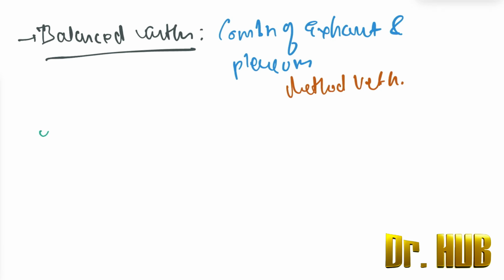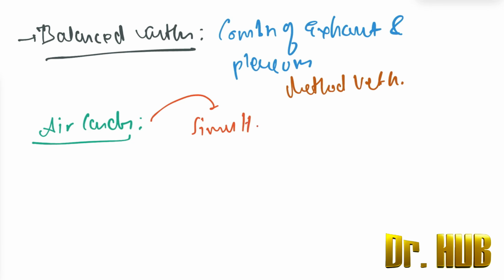Next is air conditioning. It is a simultaneous control of all or at least 3 factors that influence the air quality in a confined space or room. What do these factors include?